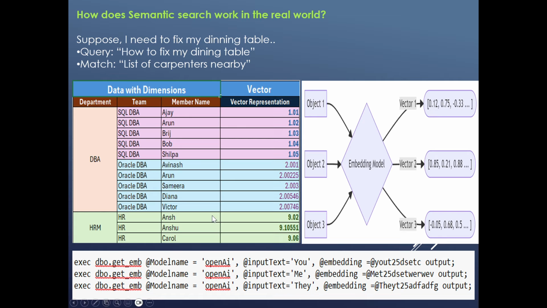Let me also tell you that when we are talking about embeddings, an embedding is also a vector, but generated by AI models to capture the semantic meaning of data. For example, doctor and physician are a close match.